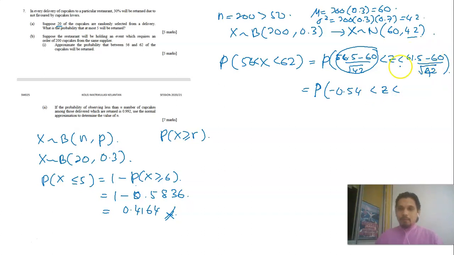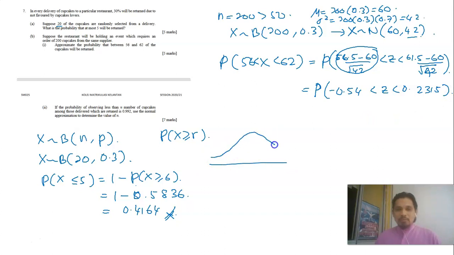And for this one, 61.5 minus 60 divided by square root of 42, which is 2.31.